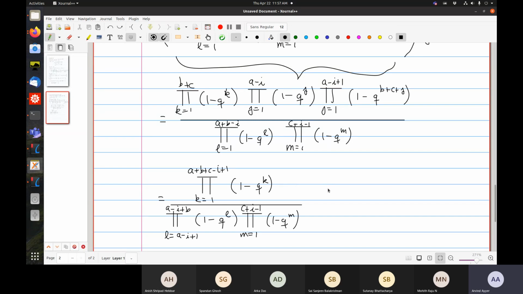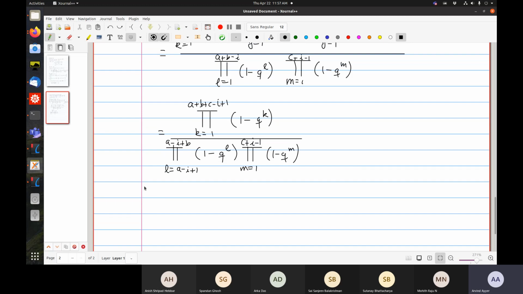All of these are being multiplied, so I can sort of cancel across different values of I. To help me do that, I'm going to replace I by a minus I plus 1 in the K and L products.